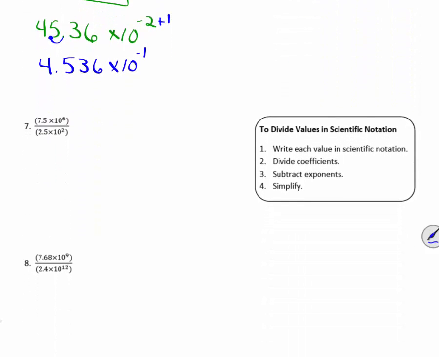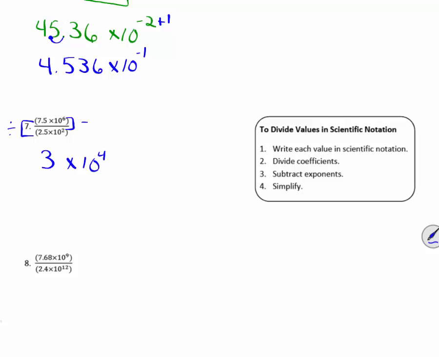For dividing, and again, we did this when we were doing those estimating value questions. So here I'm going to divide and then subtract my exponents. So 7.5 divided by 2.5 is 3 times 10, 6 minus 2 is 4. So we're putting a bunch of stuff together here. This is correct scientific notation, so I'm done with that one.